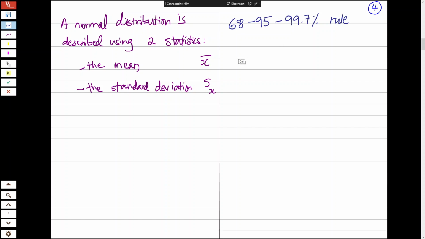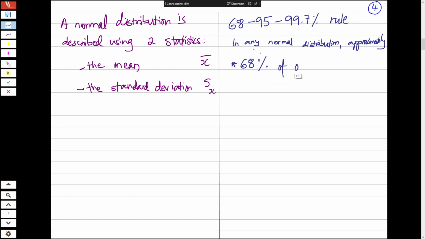So, here's the rule. 68% of observations, I should say, in any normal distribution, approximately. I'm sorry about this. There's a bug with this software where the cursor disappears after a while, and I can't fix that at the moment, so I'm writing blind here.